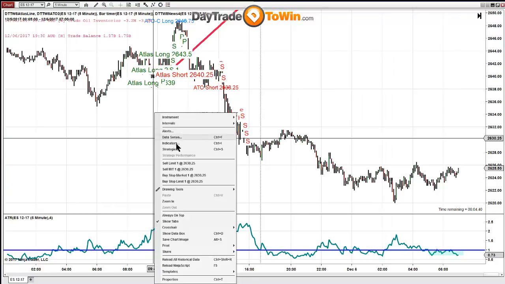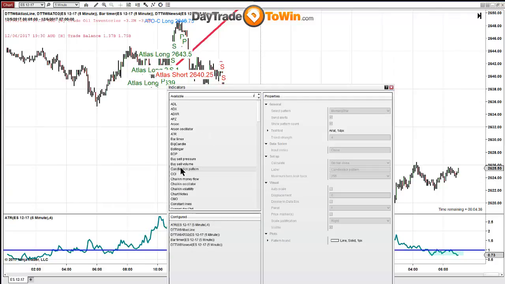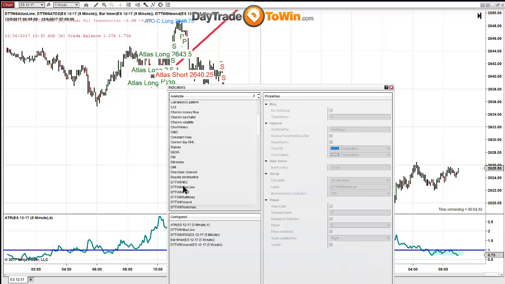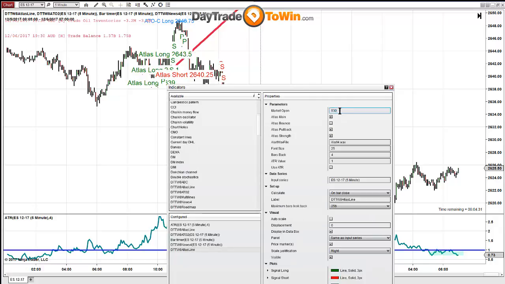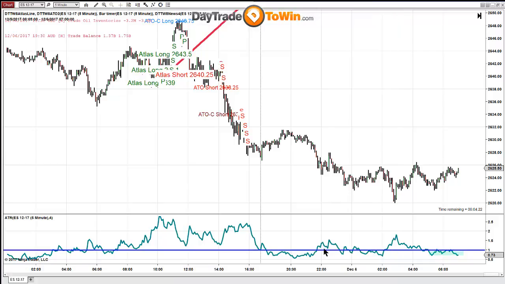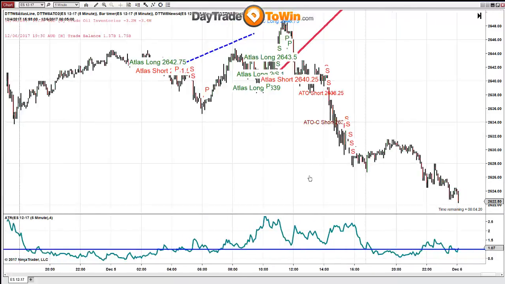Well, I can add here the Atlas line to the overnight starting at the London Exchange open. So for me, that would be 3 o'clock in the morning, 8 o'clock locally in England. This is when the London Exchange opens, and usually you have a pop in volatility and activity.